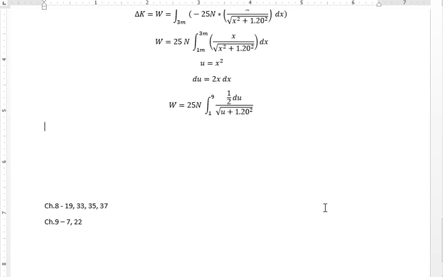After the substitution, this is the integral we have: W equals 25 newtons times 1/2 du over the square root of u plus 1.20 squared.